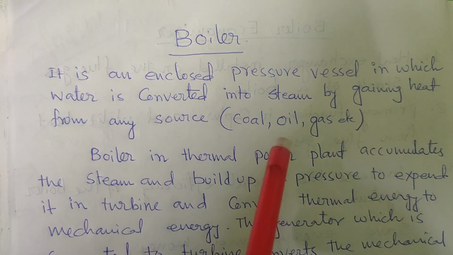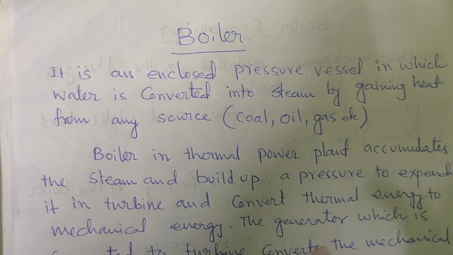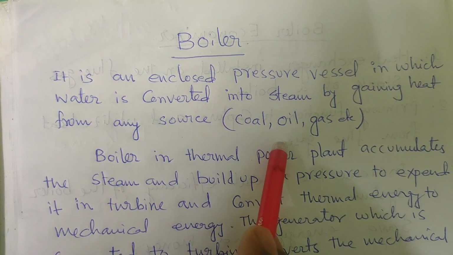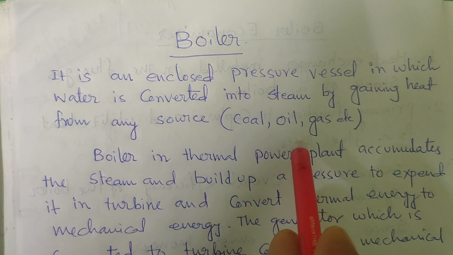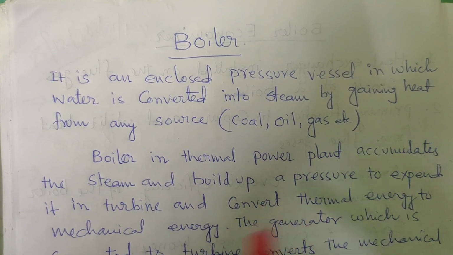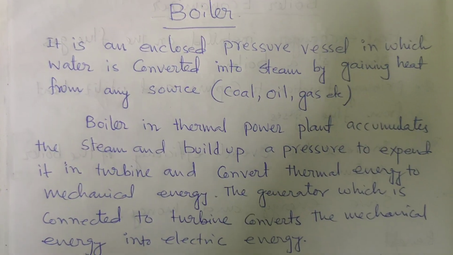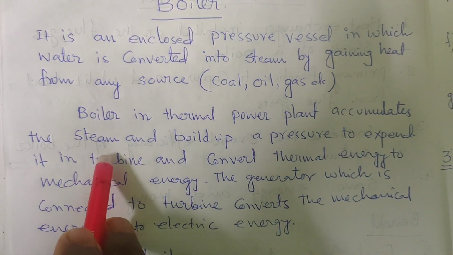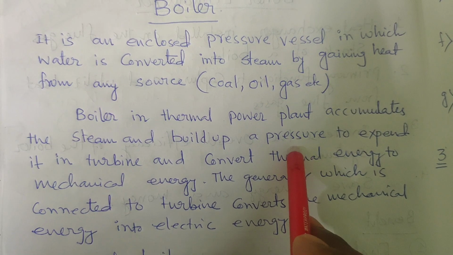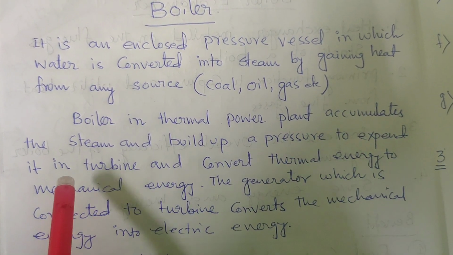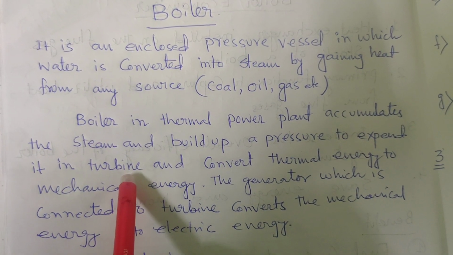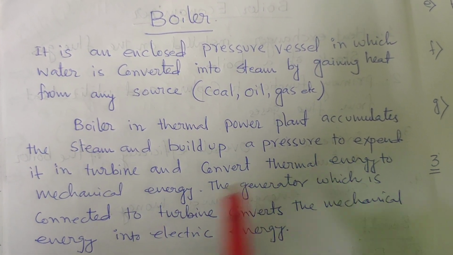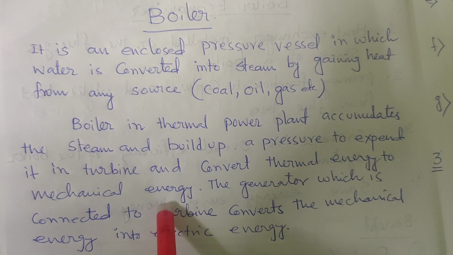The sources of boiler heat are coal, air, oil, gas, etc. The boiler in a thermal power plant accumulates the steam and builds up pressure to expand it inside the turbine and convert the thermal energy to mechanical energy.